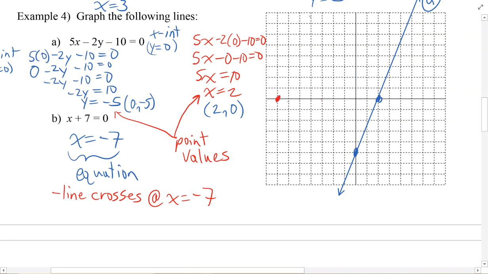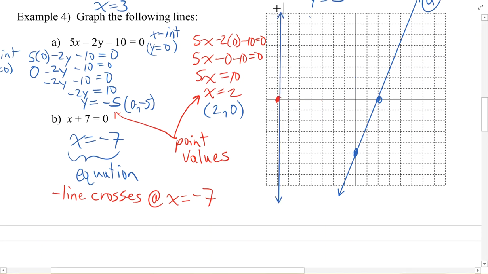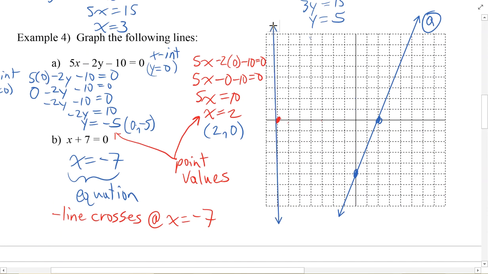So there's x equals negative 7. In order to cross the axis at that point, it's got to be a vertical line. Okay, so we here are graphing a vertical line right along x equals -7. And so that's line B.